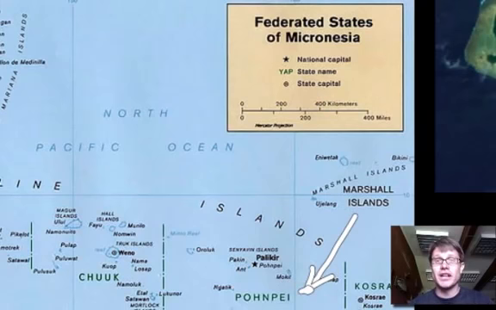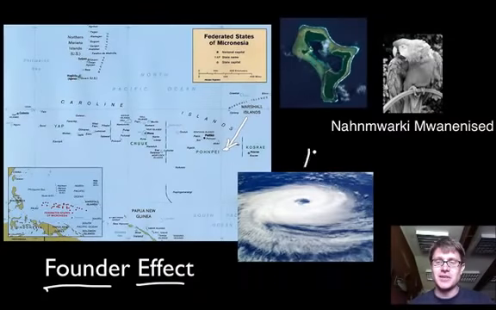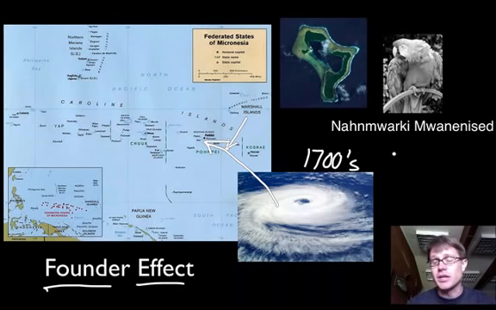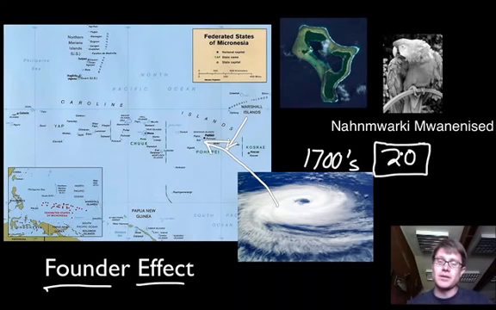It was doing well back in the day, but in the 1700s, they had a massive typhoon that swept through Pingelap and killed almost everybody on the island. Their population dropped down to around 20. So those 20 people were the new founding population of Pingelap, and all the people who live there today are descendants of that first 20 people.